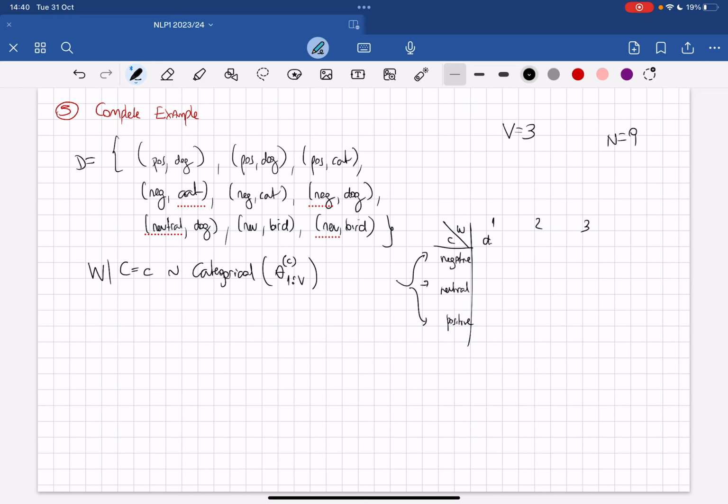I have dog, I have cat, and I have bird, and these are my parameters essentially. So all 3 negative parameters, all 3 neutral parameters.